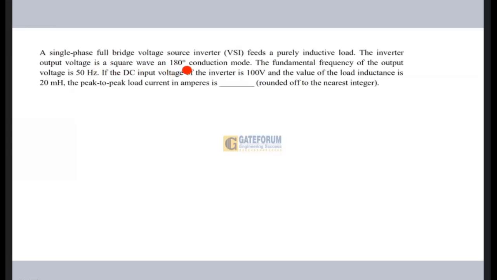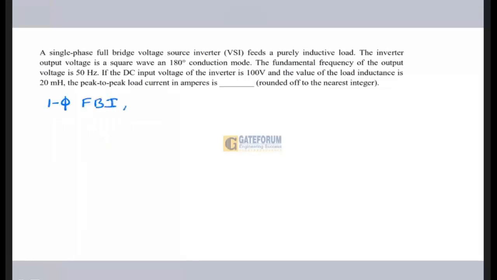If the DC input voltage of the inverter is 100 volt and the value of load inductance is 20 millihenry, then the peak to peak load current will be, they are asking. So it is a single phase full bridge inverter.